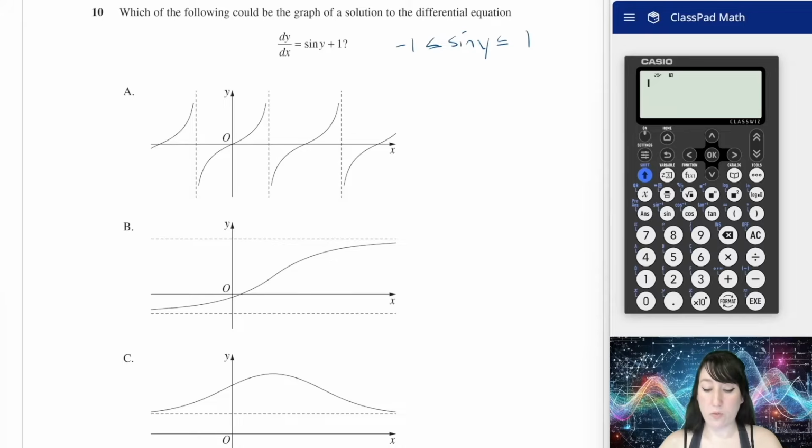We know sin y would go between the values of -1 and 1. What produces these two extremes? Well, sin y equals -1 when y is equal to -pi/2, 3pi/2, etc. Let's explore values of y between these two extremes and see what happens to dy/dx.